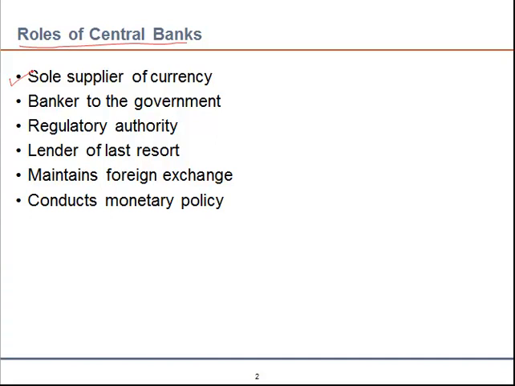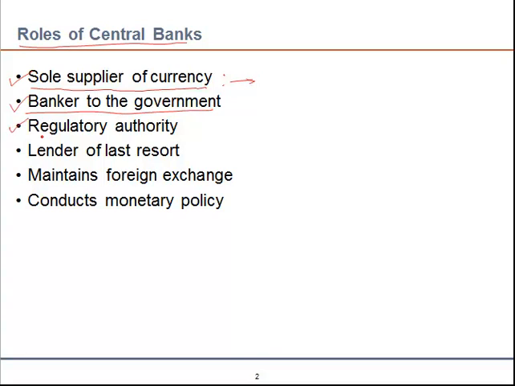First role is that the central bank is the sole supplier of currency. As printing of money is a responsibility of the central bank, whatever currency is required in the country would be supplied by the central bank. It provides banking services to the government.